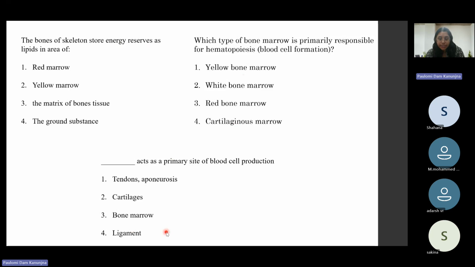Which one do you think is the answer? Go ahead, please attempt, everyone. Basically, this covers all the bone marrow that can be possible to discuss.